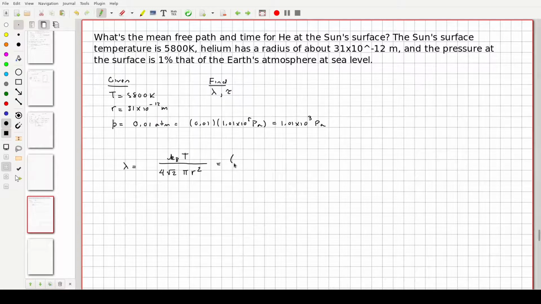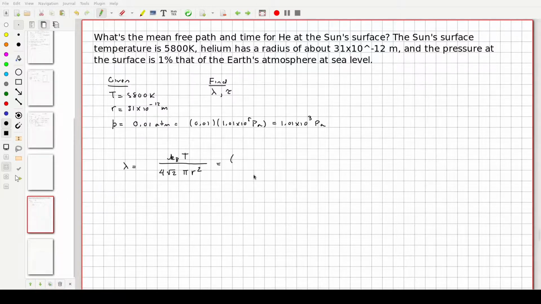So Boltzmann's constant, if you look that up, I want to say it's 1.38 times 10 to the minus 23rd. It's one of those that I never remember.